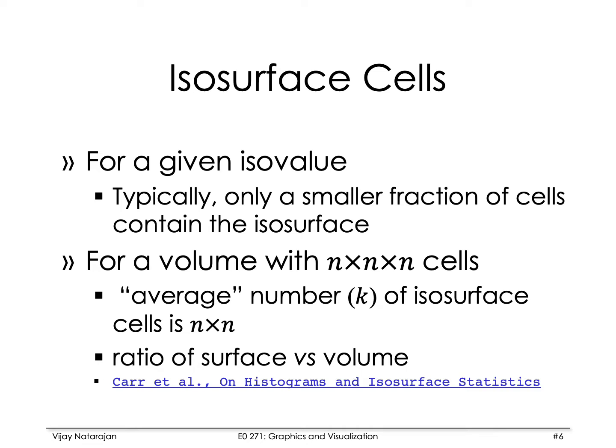The argument here follows, like I mentioned during the discussion earlier, this number n squared follows from the ratio of surface versus volume argument. So this number was also empirically verified in a paper by Carr et al. on histograms and isosurface statistics. I have included the link to the paper here. In case you are interested, you can look at the slides and get the paper.